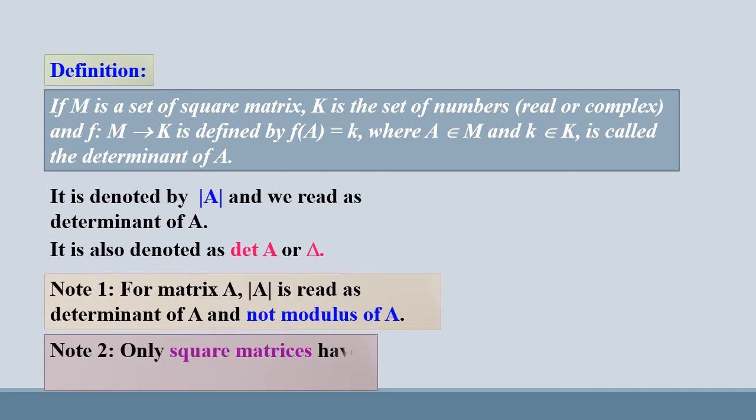Note 1. For a matrix A, determinant of A is read as determinant of A and not modulus of A. Note 2. Only square matrices have determinants. First we will understand how to calculate the determinant of a matrix of order 1.